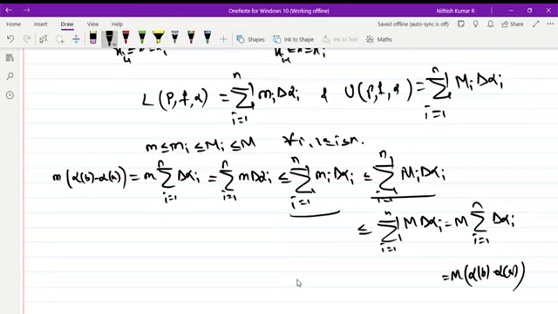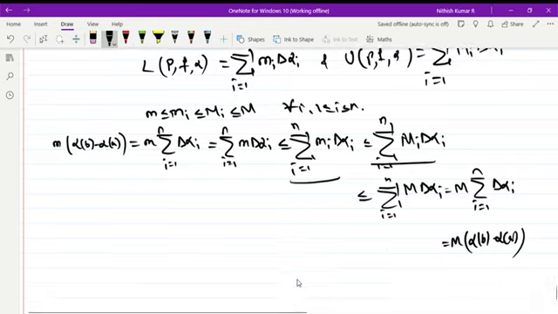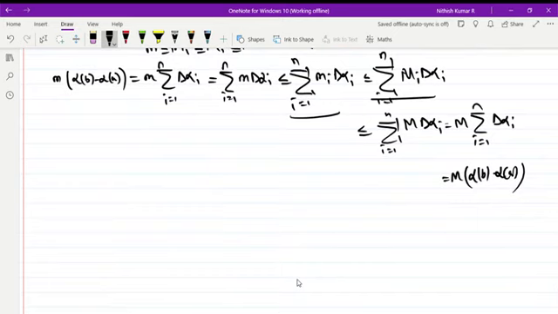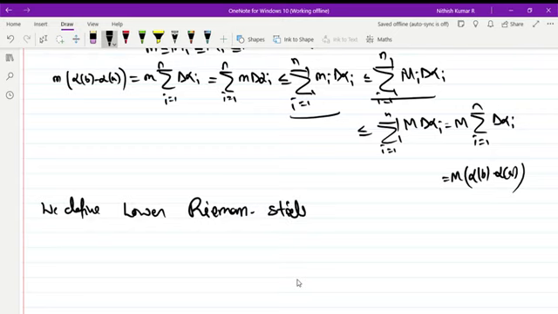Now, as we defined lower sum and upper sum in the previous lecture, we define the lower Riemann Stieltjes integral of f with respect to alpha over the closed interval [a, b].